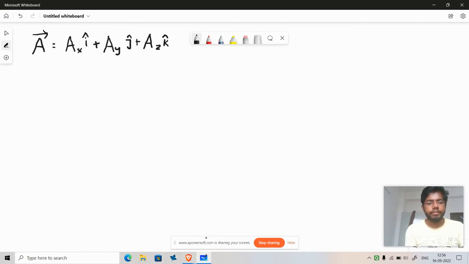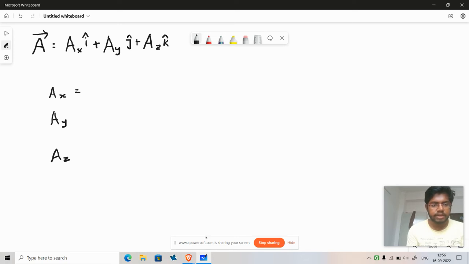Now I can represent it in a compact form. How? Suppose I write these three components separately: ax, ay, az. So in three dimensions, this vector has three components.